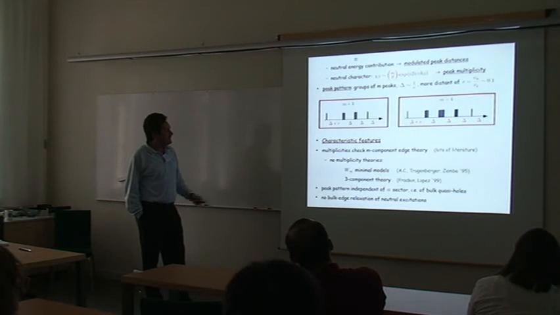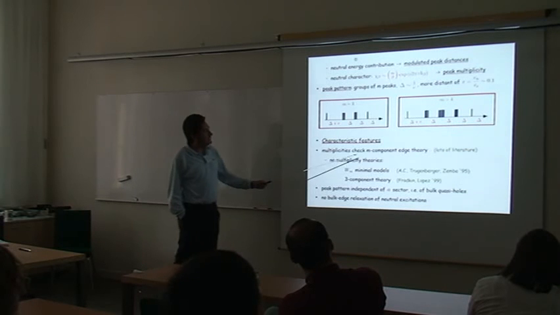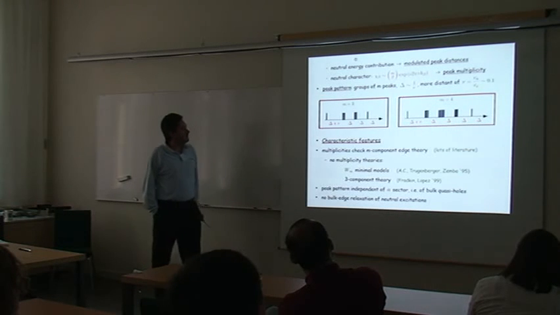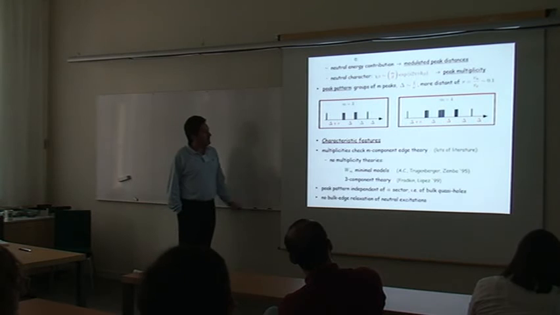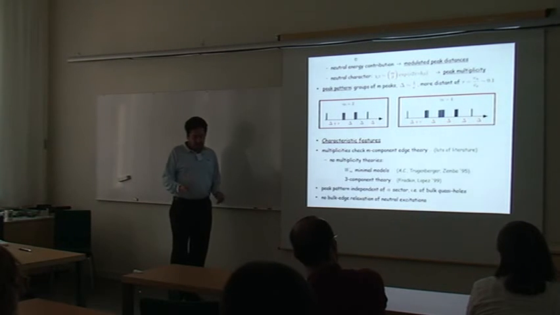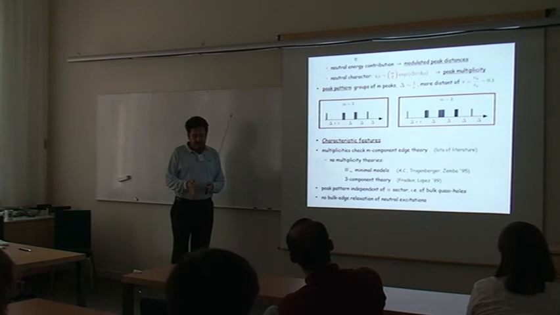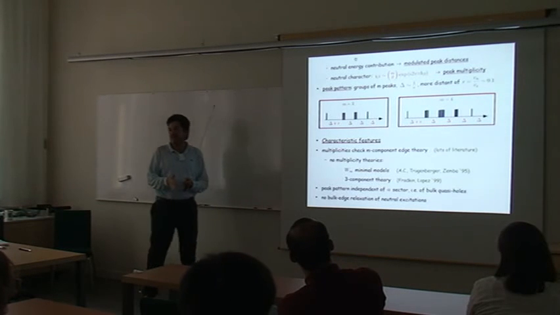In fact, there are also other theories which don't have so many components. When you have these fractions accumulating to 1/2 from one side and the other, when you reach 1/2, the number of components of the edge grows, and eventually it can be very big.